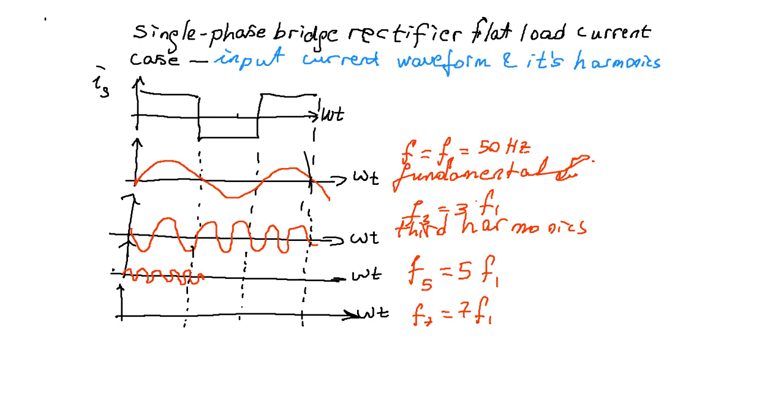This frequency is 5 times higher than this. Okay. For the seventh harmonic, the amplitude is even smaller than this, but there are 7 peaks here.